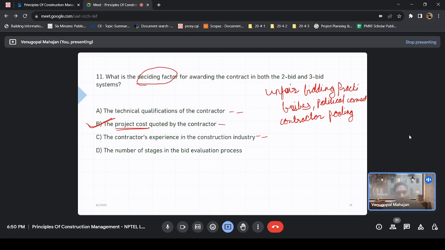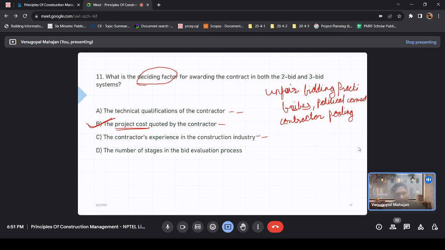Okay, so coming to unfair bidding practices, you will find that there is some clause in bidding that there should be a handful of eligible bids. So they will make a cartel of themselves, and one person will quote the lowest price, at what rate he wants, and the others will definitely quote way higher than that.